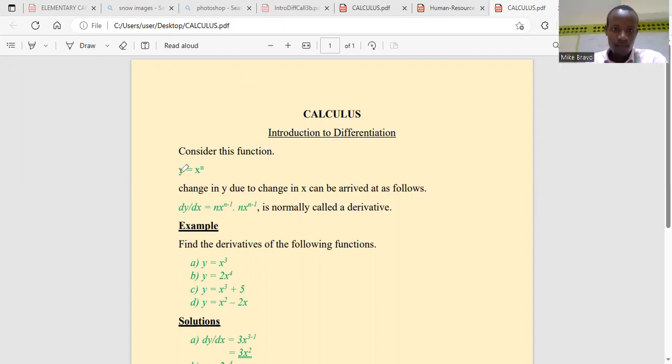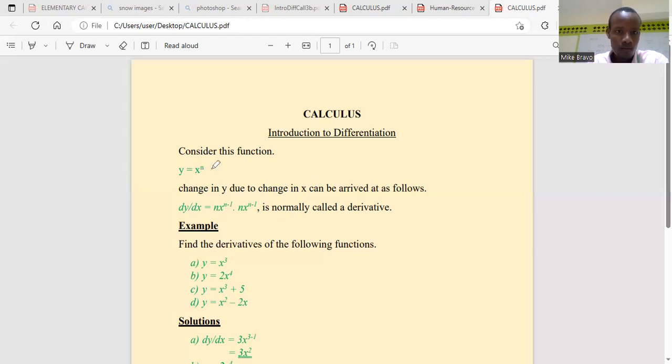Like now, there is this function we have here. This is a general function, y equals x power n, where n can be any integer from 2, 3, 4, 5, 6, and so on. So change in y due to change in x, which we sometimes denote by dy dx, can be done as follows.